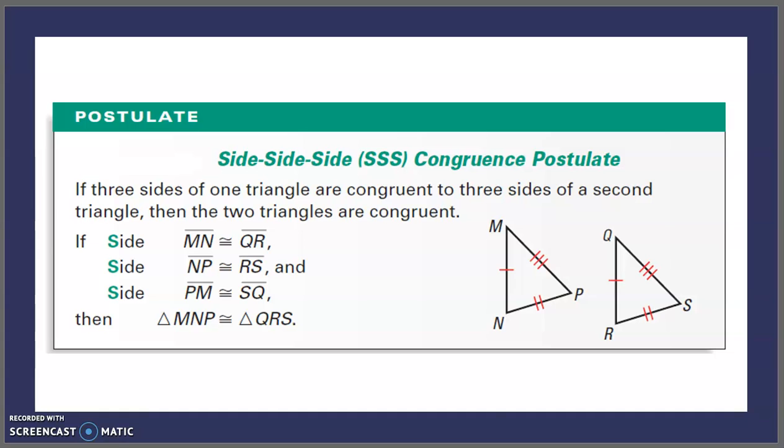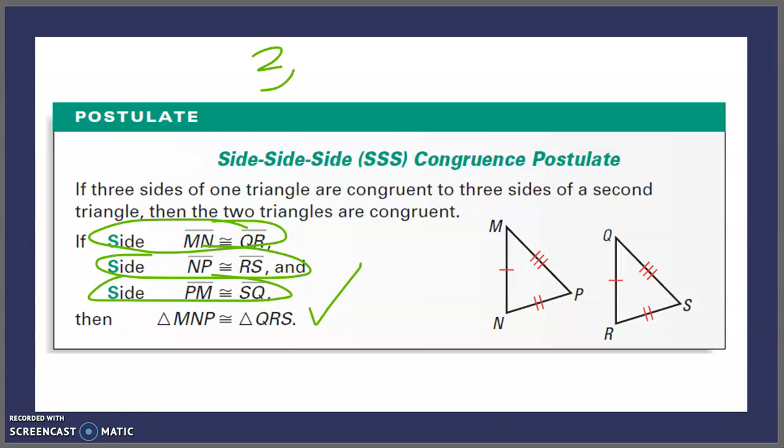Notice in this diagram, we have this set of sides, this set of sides, and this set of sides are congruent. Therefore, overall, the triangles are congruent. So instead of needing 6 things, we only had to conclude 3 things. Let's practice this idea.